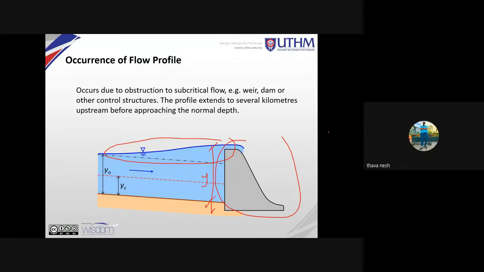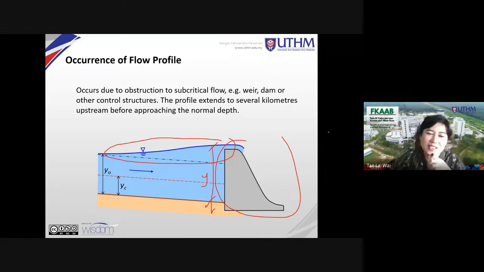Hey, what is this classification, can you tell me? The depth of the flow, the gradually varied flow there, what classification is it? Look at this. Y not greater than YC is what slope?